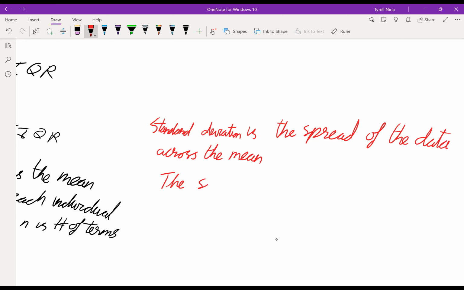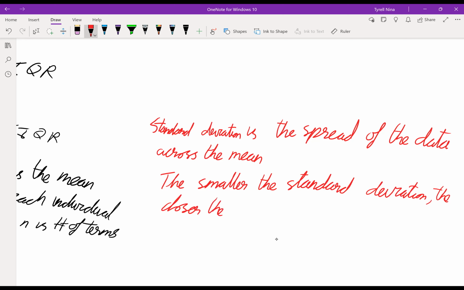The smaller the standard deviation, the closer the values are to the mean.